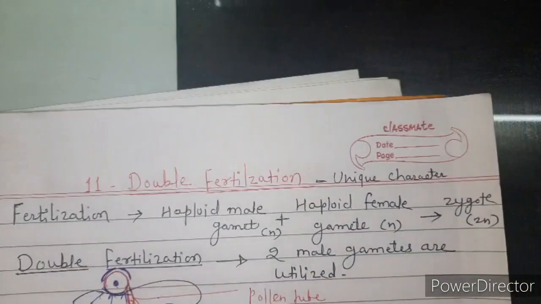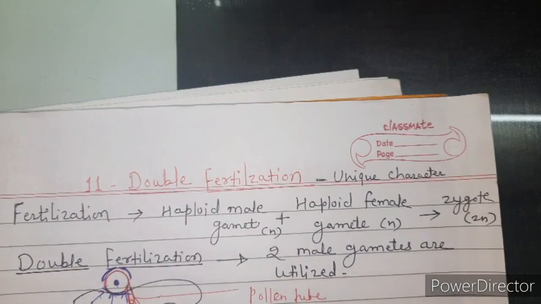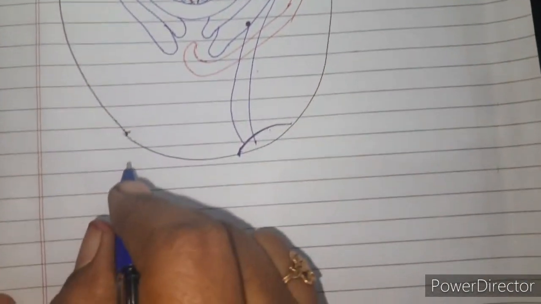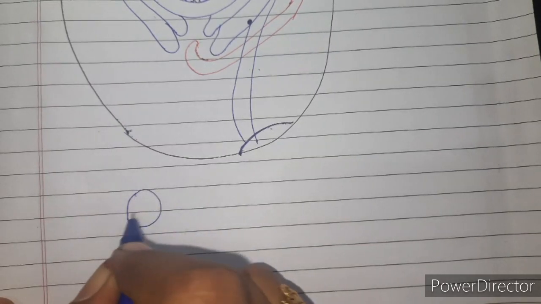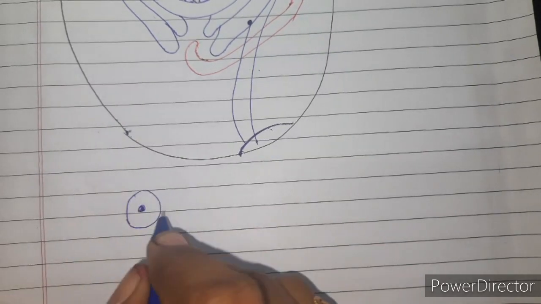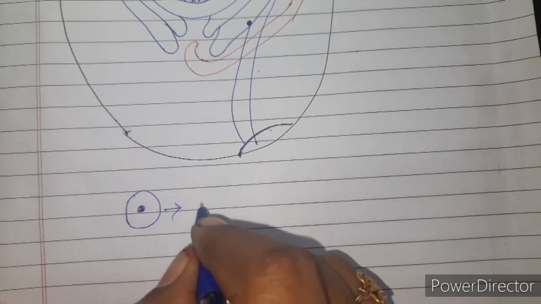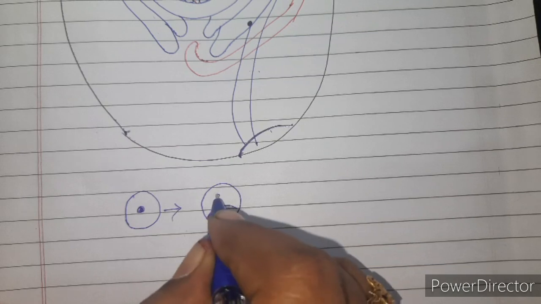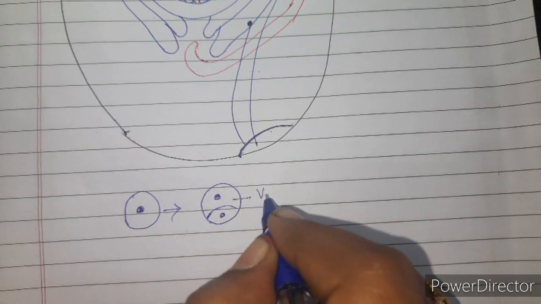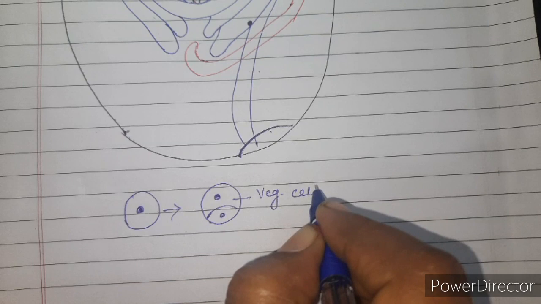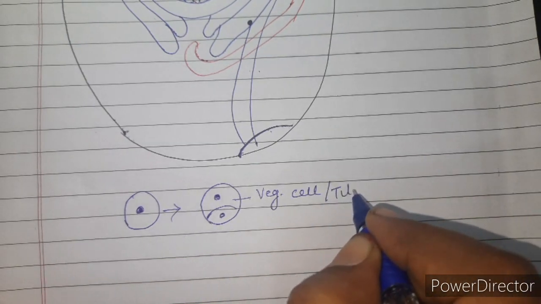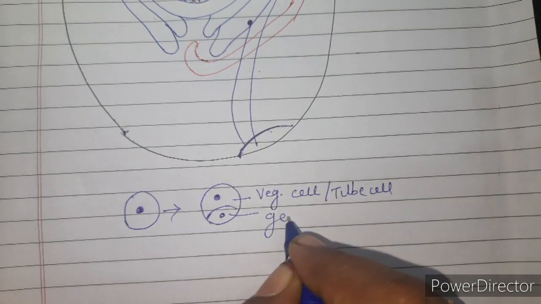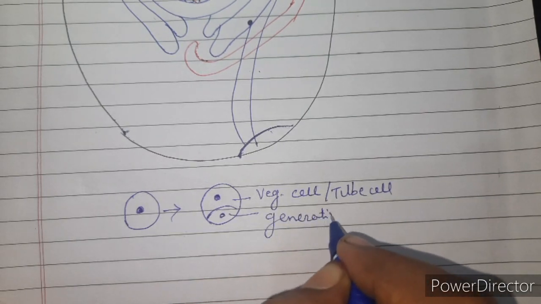Now, first of all the microspore, see here, is unicellular and uninucleate, but it undergoes mitosis and divides into two. The larger cell is called the vegetative cell or tube cell, as I told you, and the smaller cell is called the generative cell.